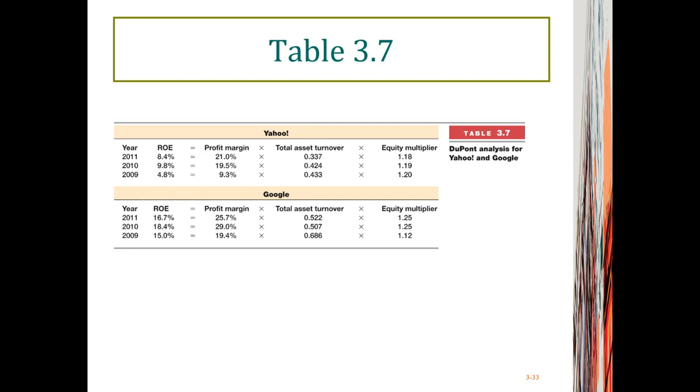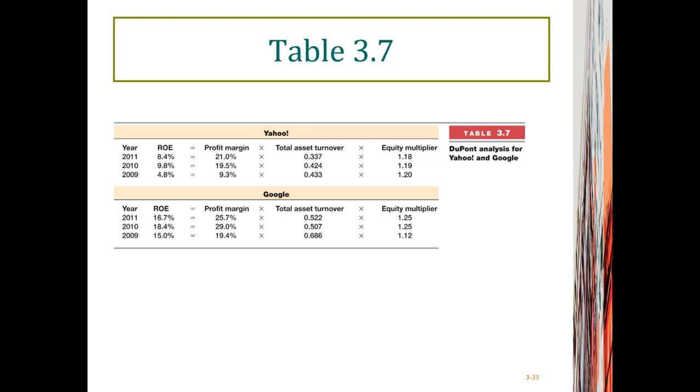One is total assets turnover, the other one is equity multiplier. And here total assets turnover has declined pretty significantly from 0.424 to 0.337. Although the equity multiplier stays pretty stable, it declined slightly from 1.19 to 1.18.